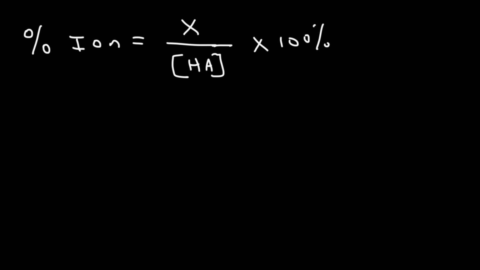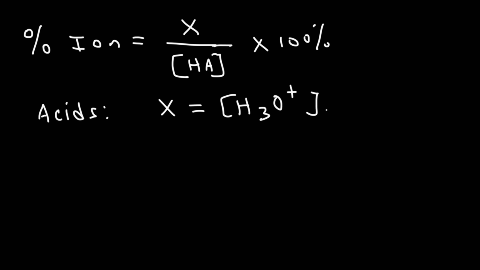X represents the amount of acid that is dissociated. And when dealing with acids, for the most part, X is usually the H3O+ concentration. So you can find it from doing an ice table, or if you know the pH, you can find it that way as well. When dealing with weak bases, X is usually the hydroxide concentration.